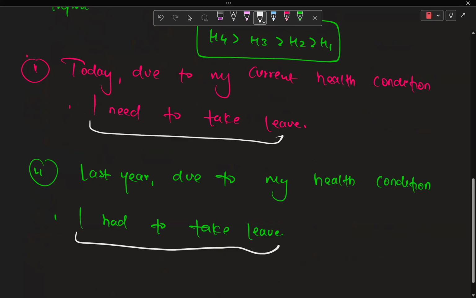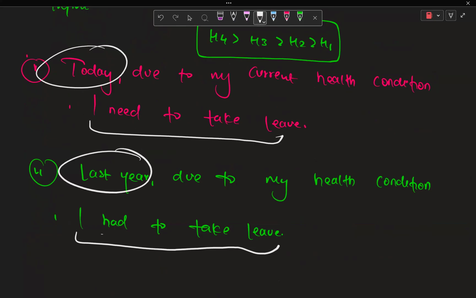And it has a direct effect from what you have used in the starting layer. See, you have used here: today, I need to take leave. You have used here: last year, I had to take leave. So if you observe here, our starting word had a direct impact on the ending word.